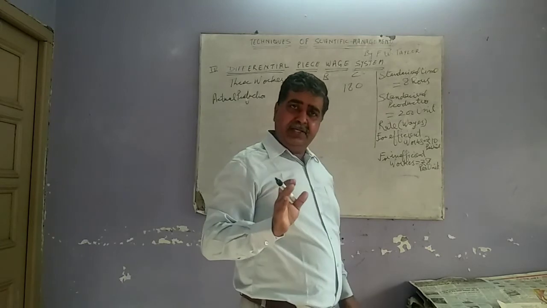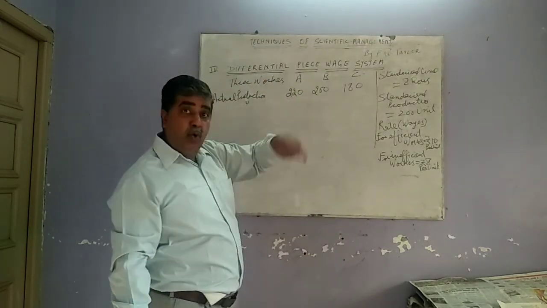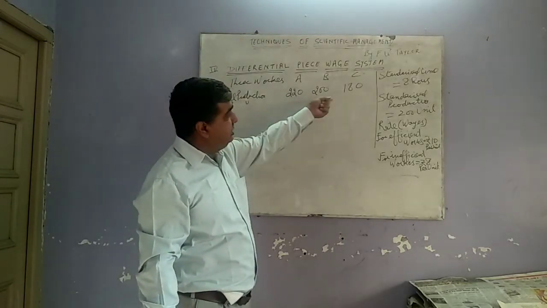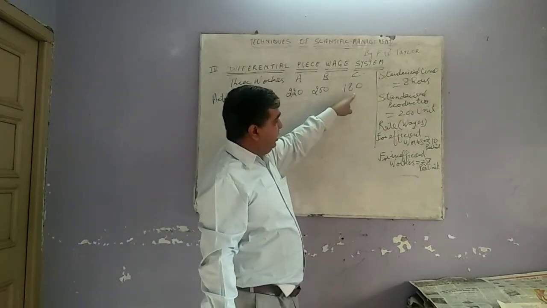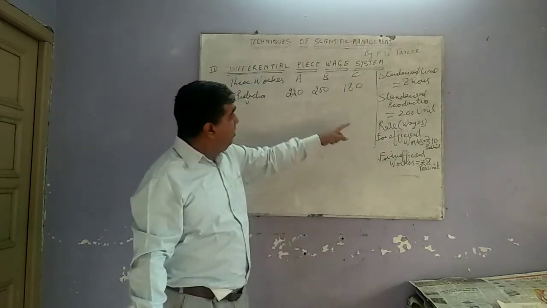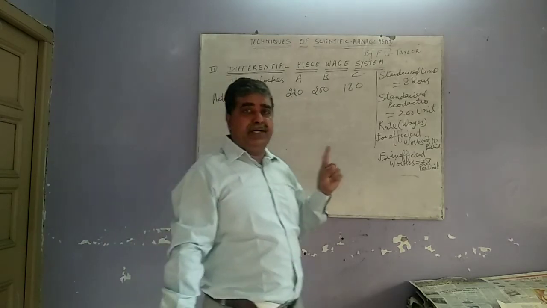Three different workers. A is producing 220 units, more than the standardized production. B is producing 200 units, equal to the standardized production. C is producing 180 units, which is less than the standardized production. So here we can see that C is an inefficient worker.